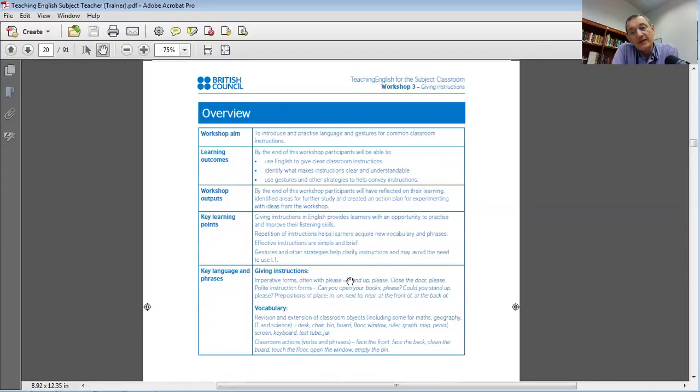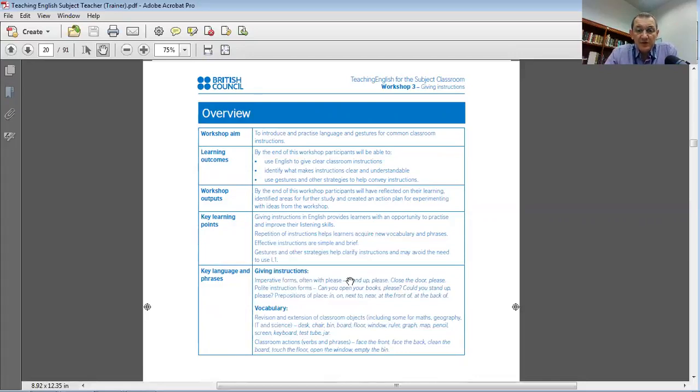So we're hoping that the teachers will understand how they can make their spoken instructions easier to understand by using simple language. This is what we call grading language, so using very simple language and also accompanying gestures, so using hands to explain, listen, etc.